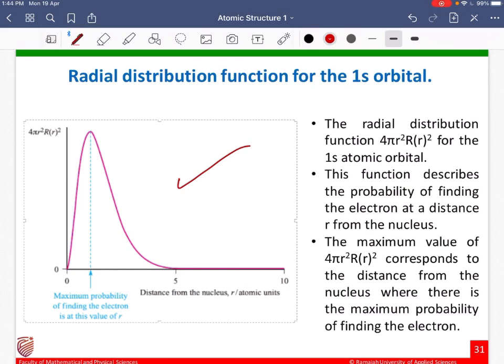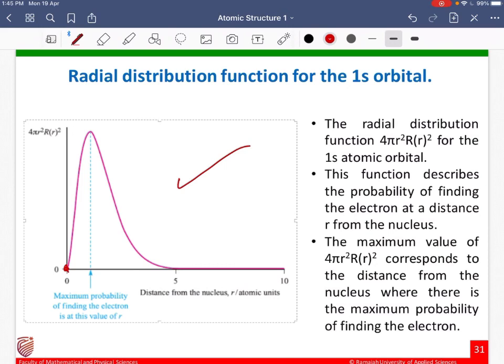If you draw the graph, then the nature of the graph will look like this. Notice that it is 0 at the nucleus. This contrasts with the situation of R R square, where the R R square value was at its highest at the nucleus. But here, when you draw the graph of 4 pi r square R R square, we are able to see that the value of 4 pi r square R R square is 0 at the nucleus.